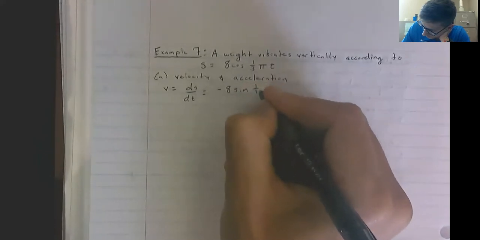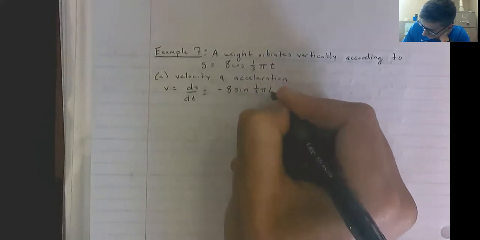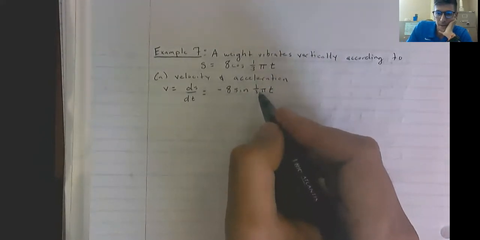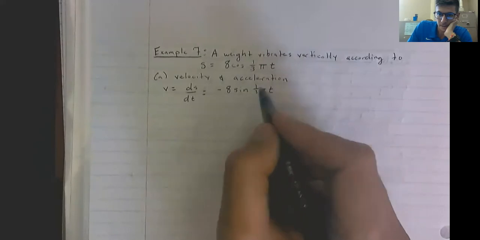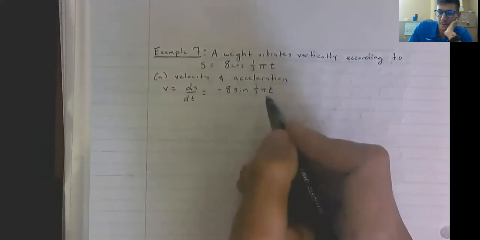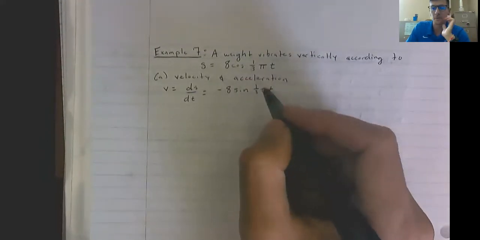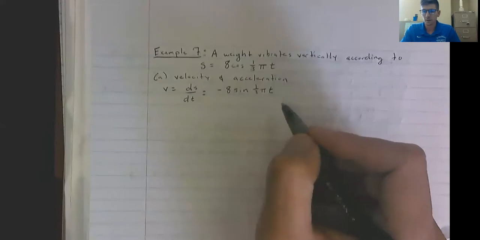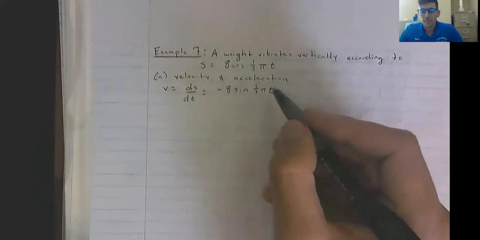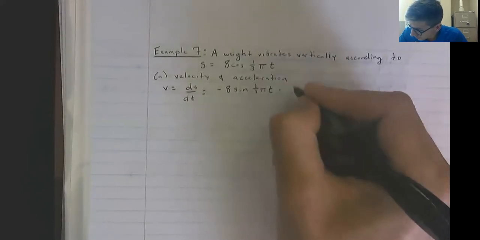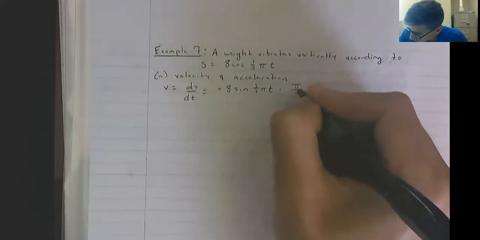Keep the 1/3 pi t all intact in the argument. And then chain ruling this guy, because this is a different function than just t. The 1/3 pi ensures that. But it's an easy thing to differentiate. It's just a linear function. And so what pops out here when we differentiate is pi over 3.